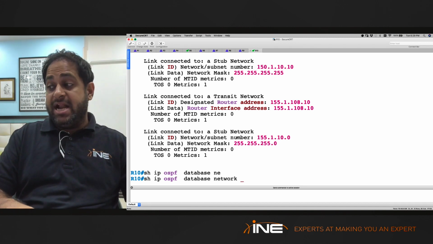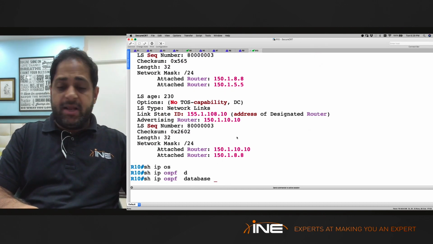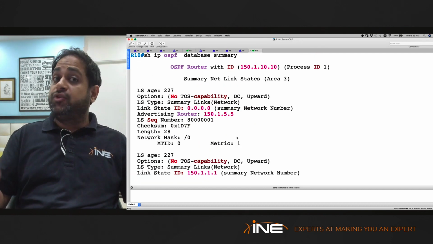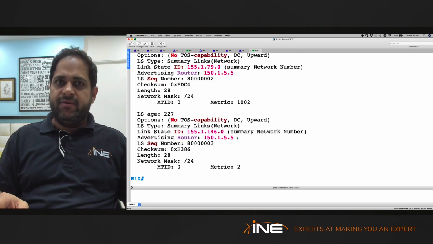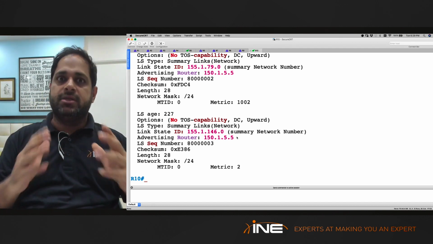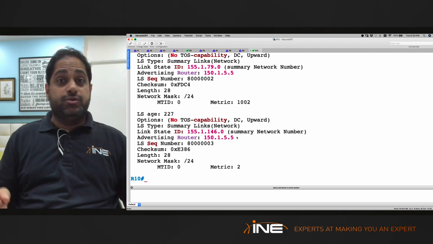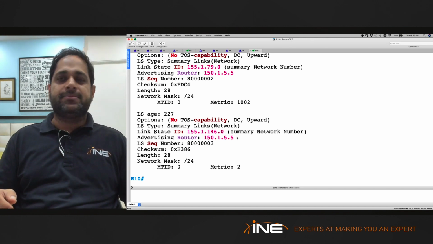So I should see network LSA also, which I do. And if I do a show ip ospf database summary, I have LSA 3 also. I just don't have LSA 4 and LSA 5. So my routing table drastically shortens, and my database also reduces. That's the advantage of using stubby areas.